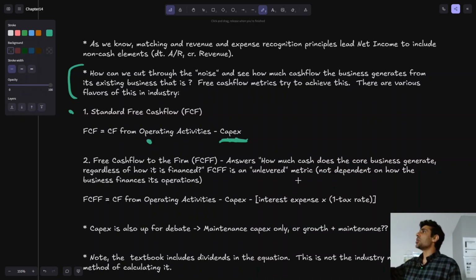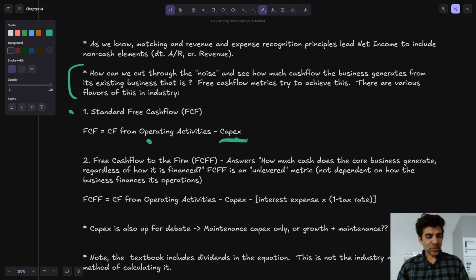Some people will just use from the investing section the total amount of investments made. But that is distorting, because if the business is in a growth phase, they're not only investing to maintain the current business, they're trying to grow it, right? So this is why it's ambiguous as to what number is the right number. There is no right number technically. Okay, so this is kind of the standard.